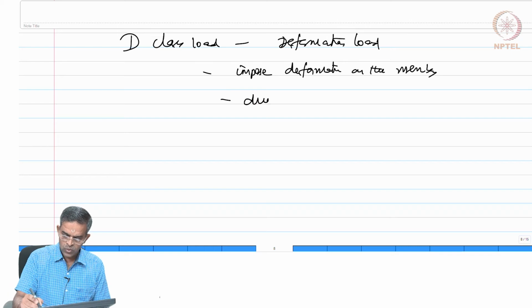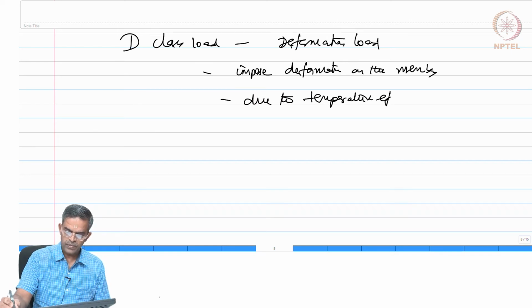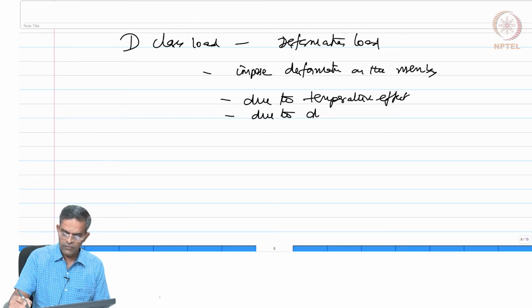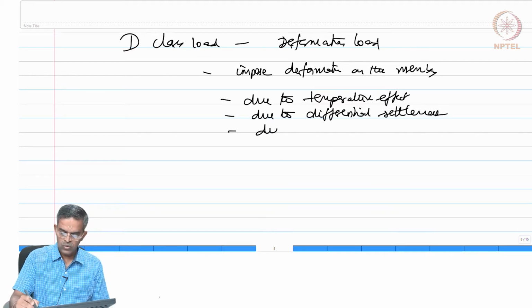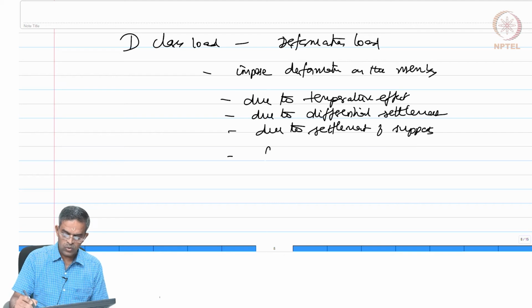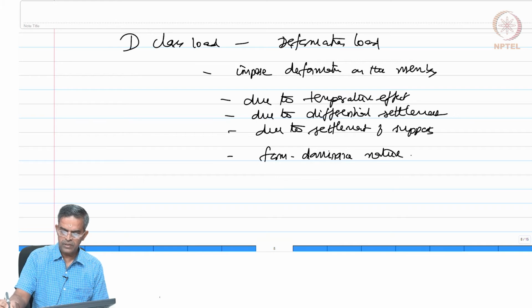It may be due to temperature effect, due to differential settlement, due to settlement of supports, due to form dominance nature of the structure.